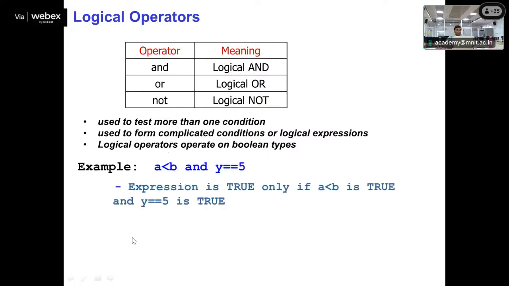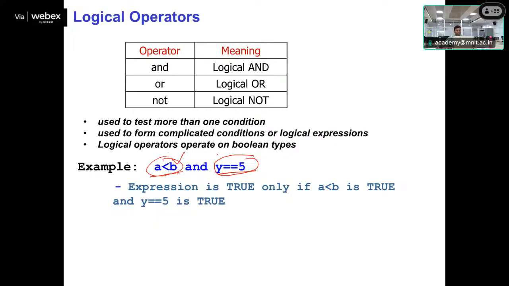For example, if you write here A less than B and Y equal to 5, this expression, A less than B and Y equal to 5, combines both to create one complicated condition, where it says A less than B as well as Y needs to be equal to 5.